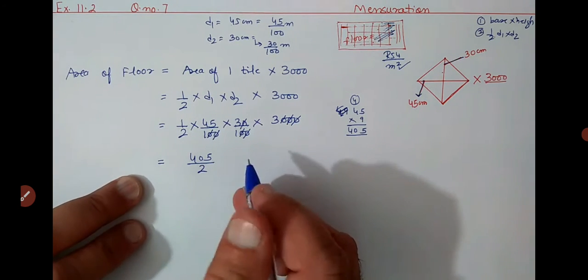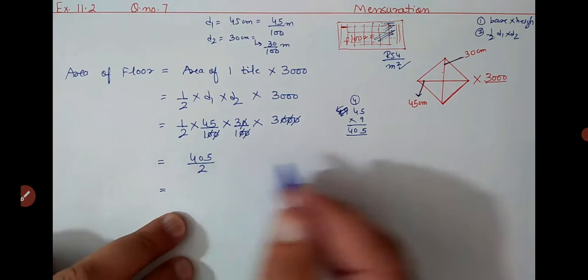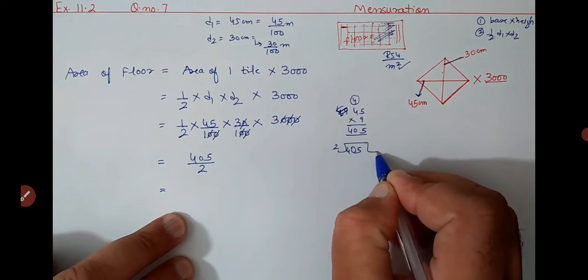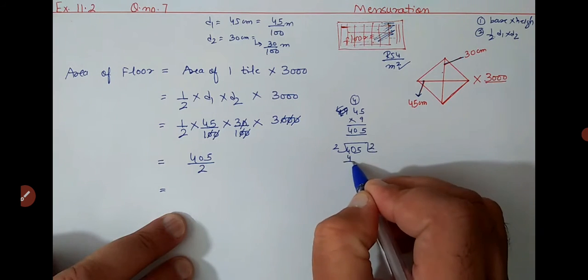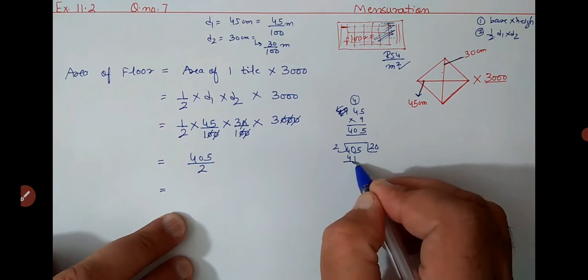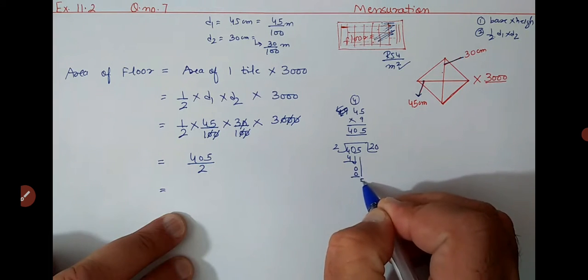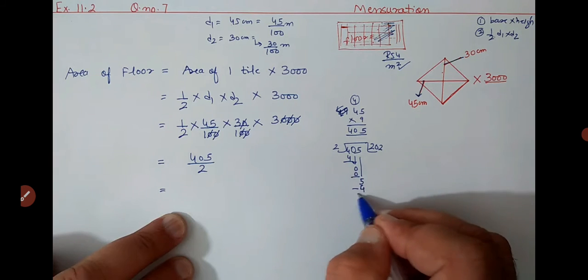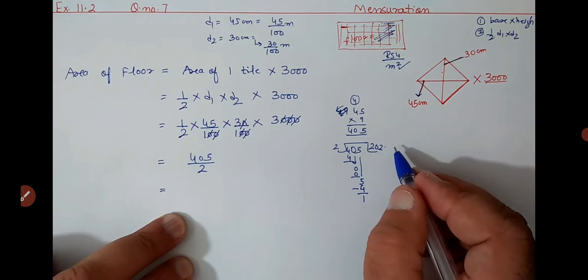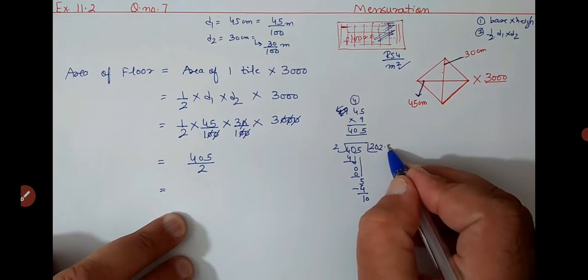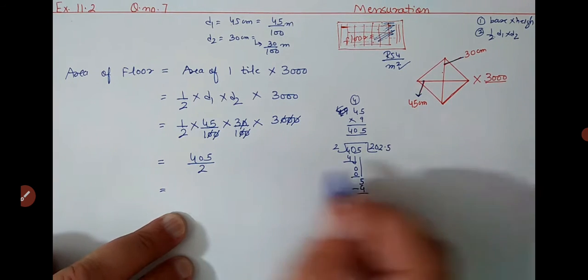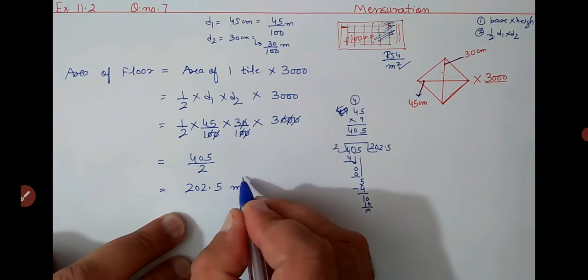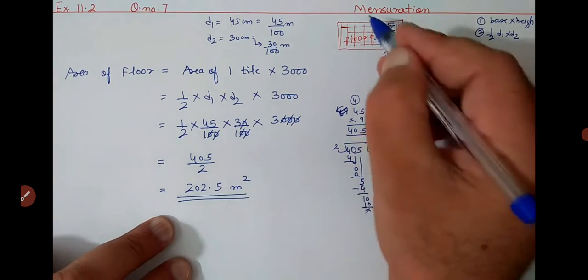So we get 2 1 जा 2, 2 2 जा 4. Okay, 0 then 5, then we can get 202.5. Okay, so our answer is 202.5 meter square. So area of floor we can get 202.5.